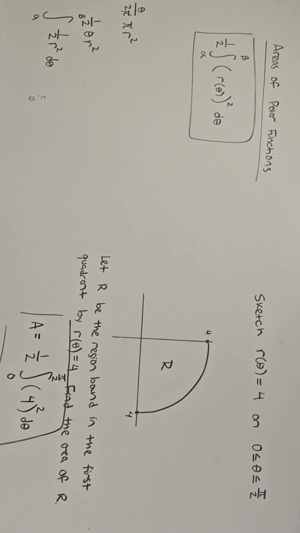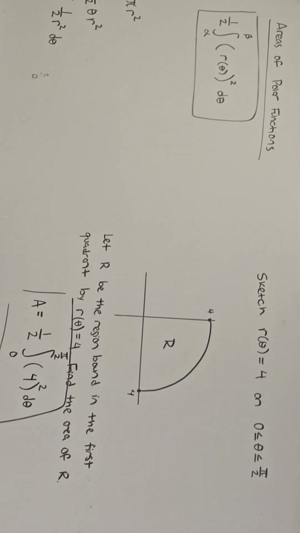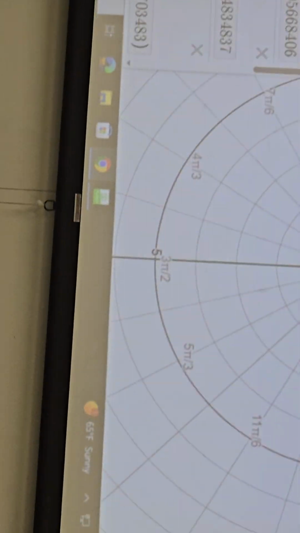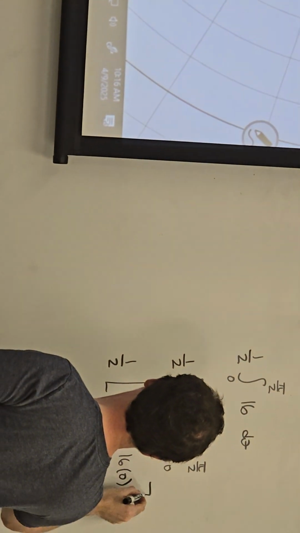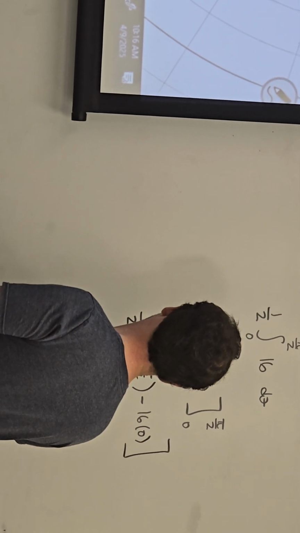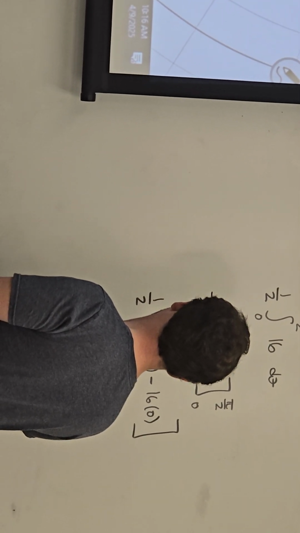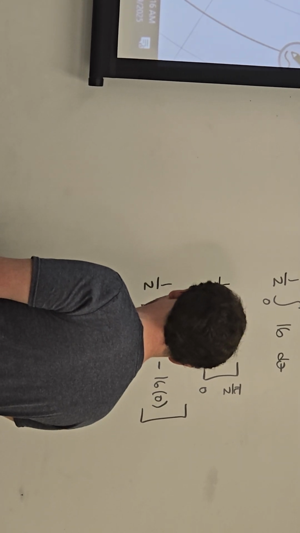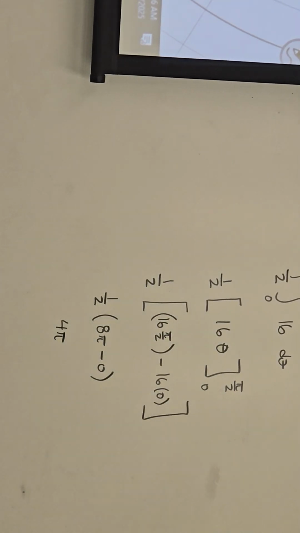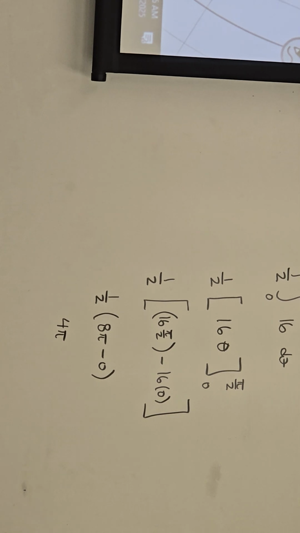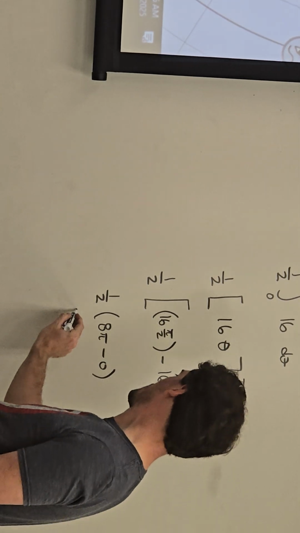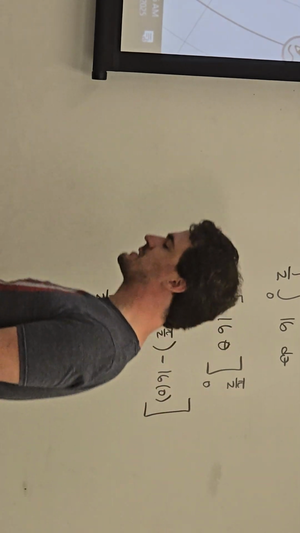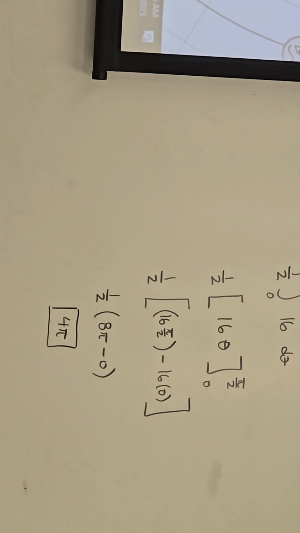Plug in pi over 2 minus plug in 0. So I'm getting that the area of the sector should be 4 pi.